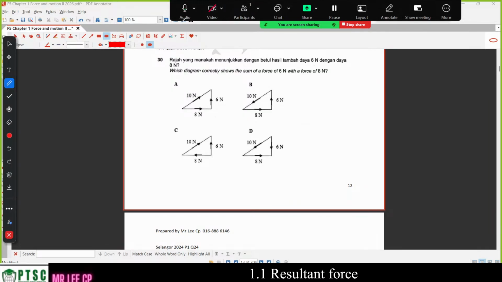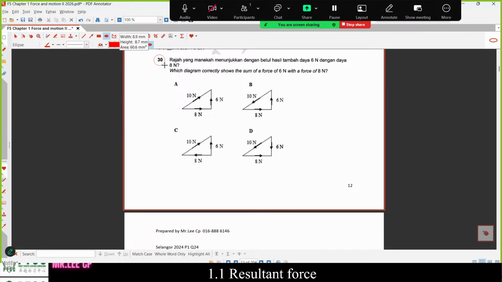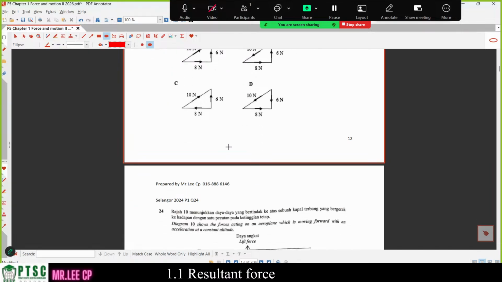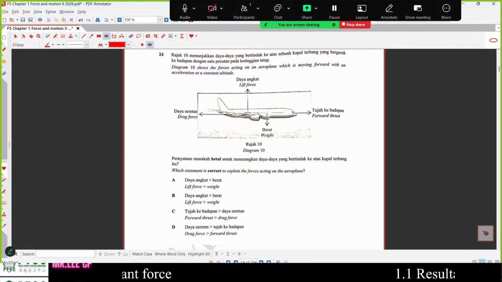This one I am going to skip first. Number 30 I skip first. I'll come back to do it again. This one also, because later we are going to learn it. Maybe not today, today not enough time to cover. But anyhow, you still can answer.